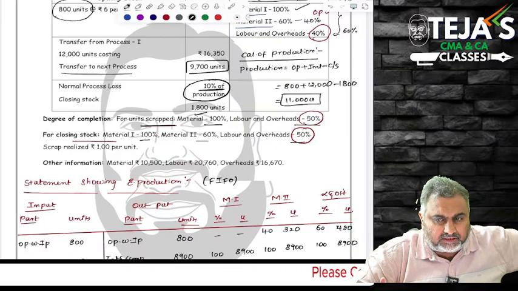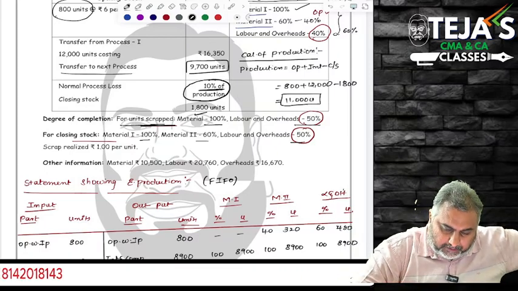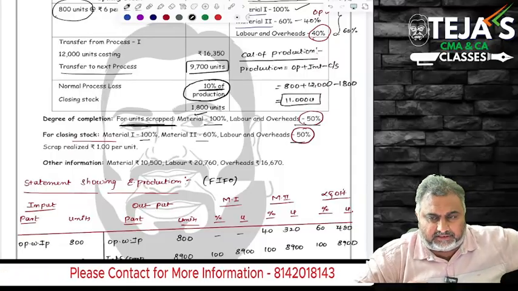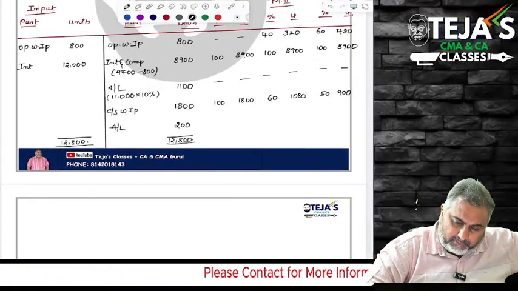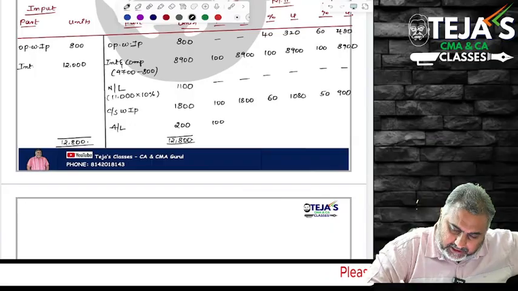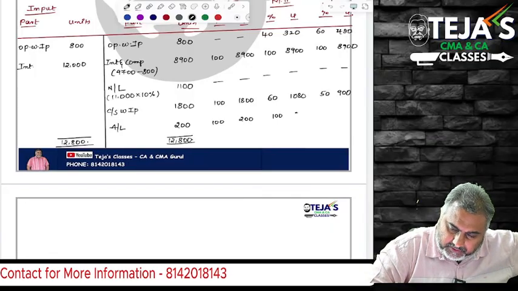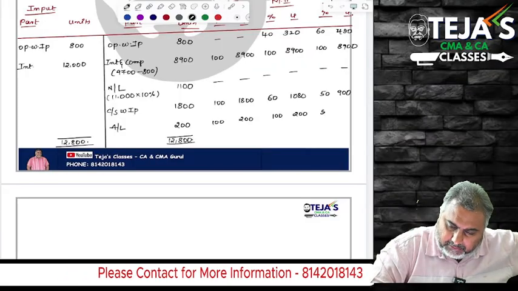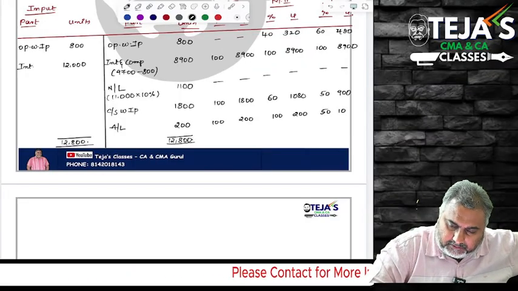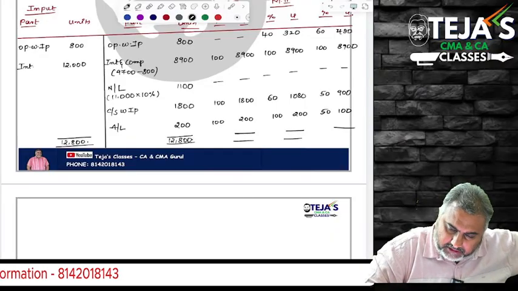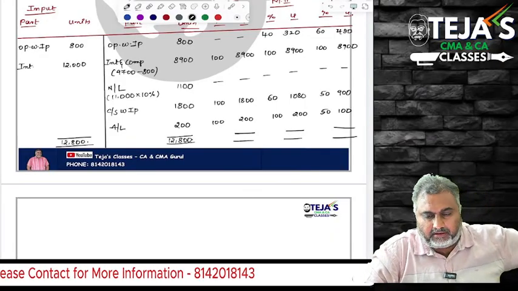If information was provided, means like this unit scrap or degree of completion, then take that degree of completion. Okay, so abnormal loss, material 1 100, so 200, material 2 also 100, so 200, labor and overhead 50%, that means 100. Now find out your equivalent completed units.